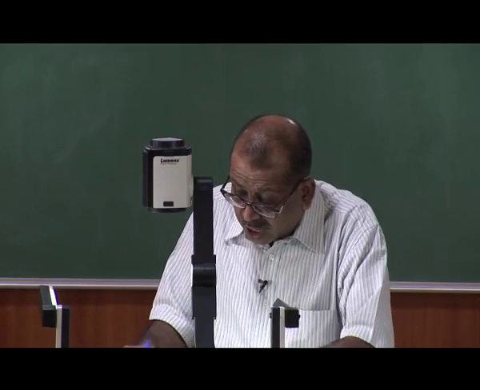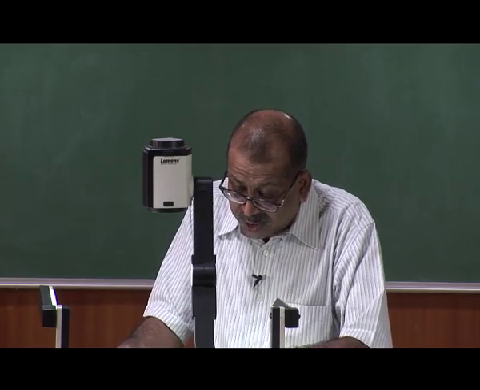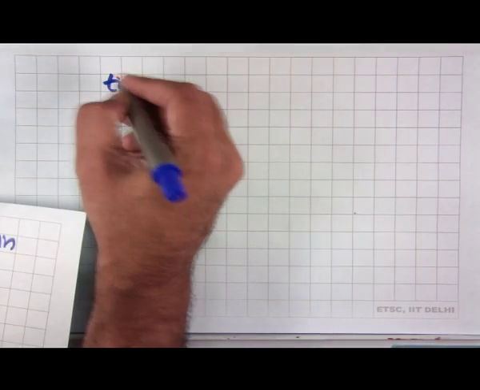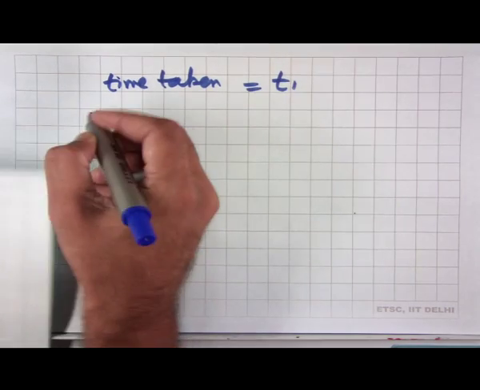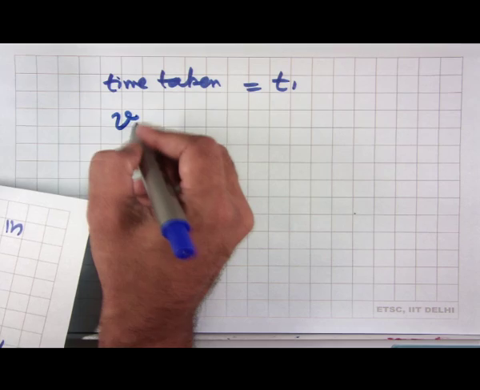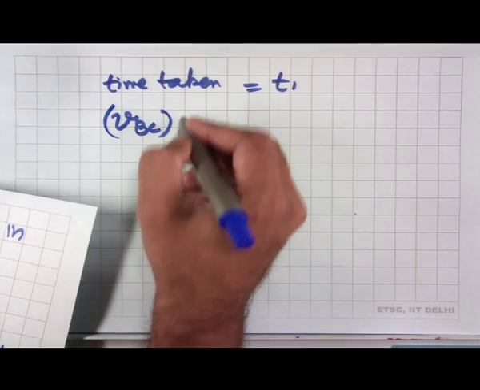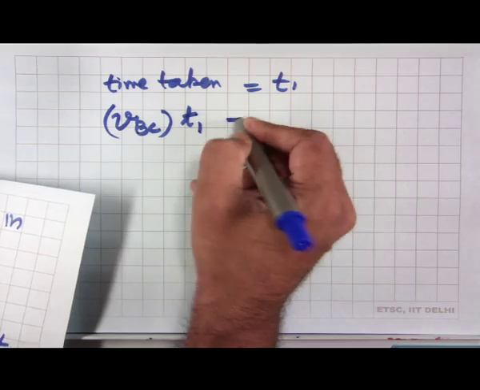And so, now in this reference frame the distance travelled is Vbt and the time taken is T1. So, therefore, we have the velocity of the bus as seen in the cyclist frame multiplied by the time.